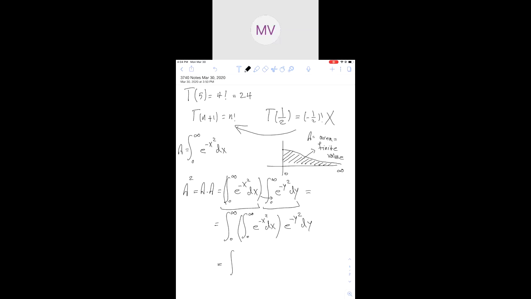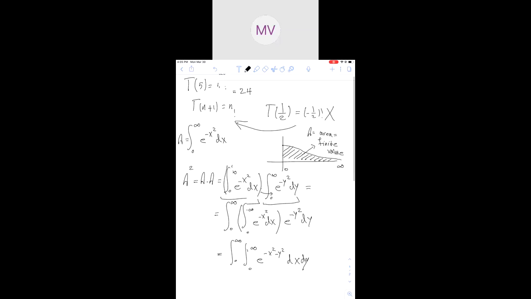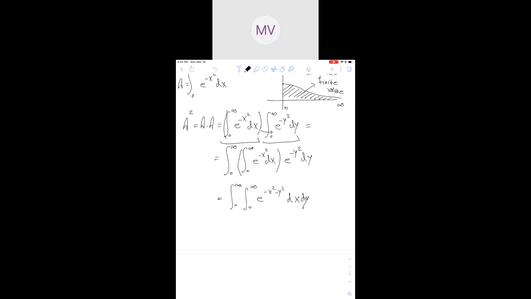And then I can go ahead and write it as a double integral, 0 to infinity, 0 to infinity, e to the negative x square, negative y square, dx, dy. Question so far? Let me rewrite it one more time. And it goes like that. Only factor the negative in the exponent of e.